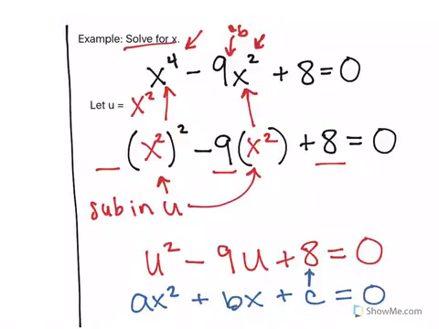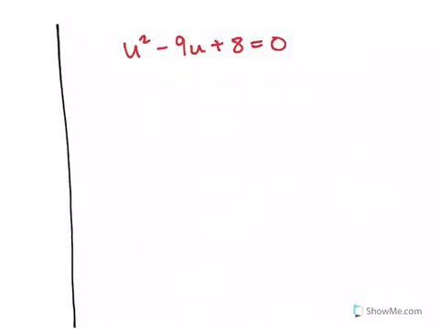So now we can substitute each of these values in for a, b, and c and solve. That means that a equals 1, because there's no value in front here, so we always put a 1. B equals -9, and C equals 8.